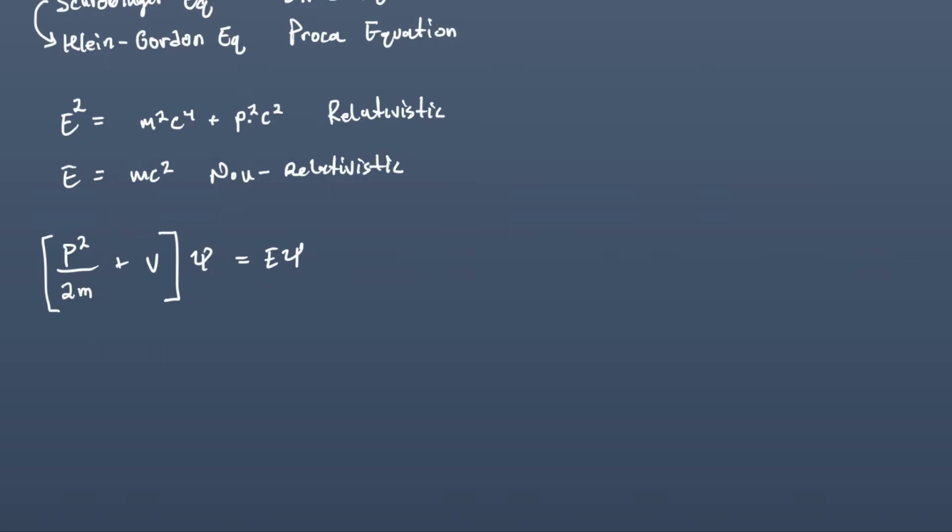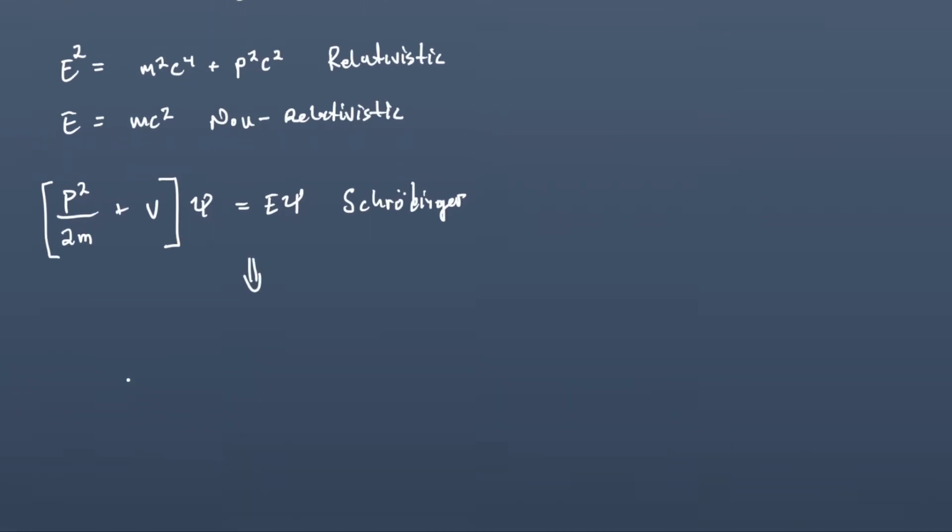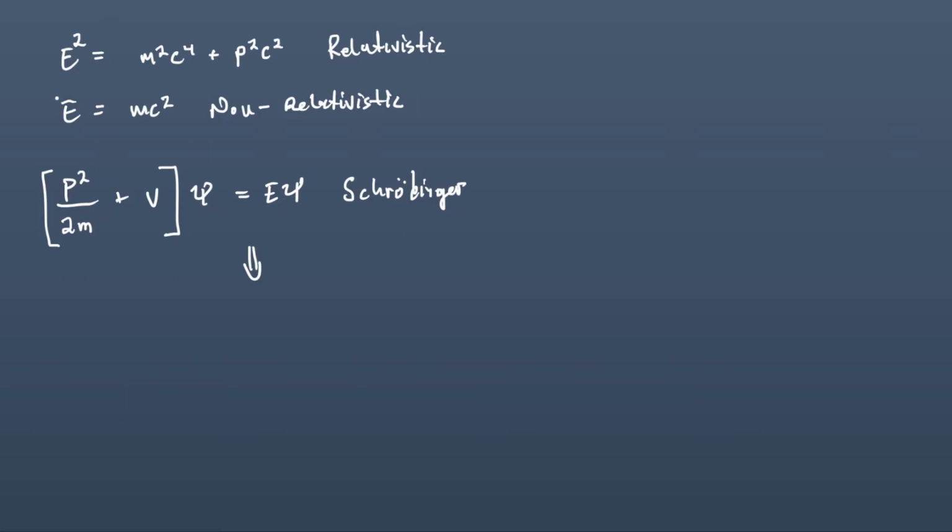I'm going to use this Schrödinger equation as the template for developing a new equation, and we're going to evolve into a Klein Gordon equation where we consider this energy and not this energy. So we have E squared.